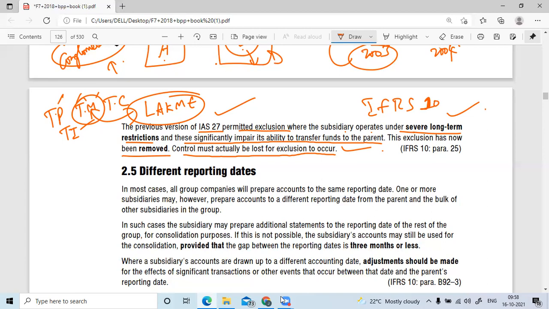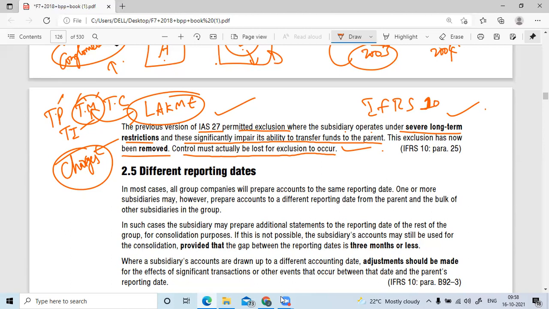So what they are saying is, there was a previous version of this standard. They permitted exclusion where a subsidiary is operating under some restrictive conditions, and this significantly impaired their ability to transfer funds to the parent. That condition is stopping them from transferring any kind of funds to the parent because they are under restriction. Maybe some charges on them, some blacklisting, some restrictions from government.